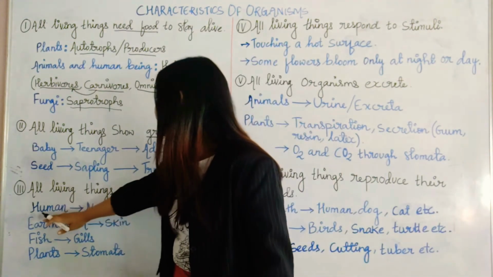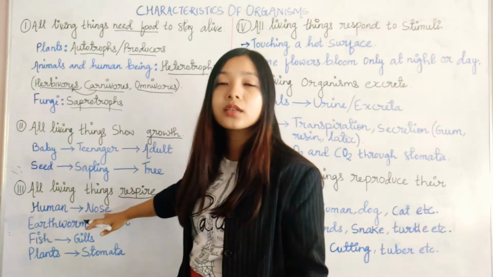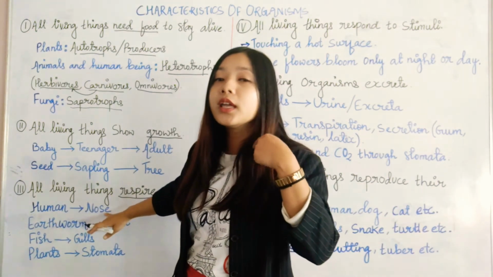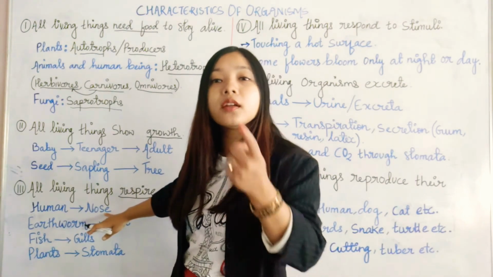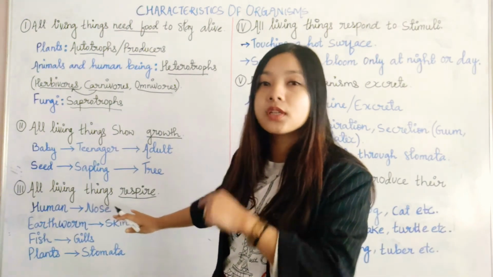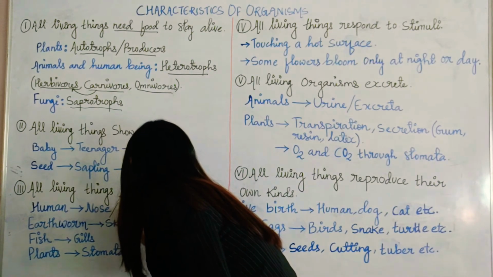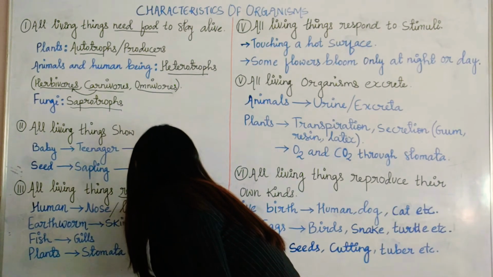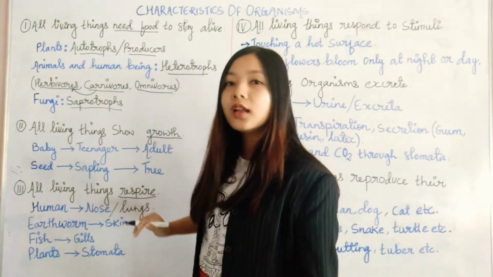Here you see humans take oxygen through their nose. But where does this oxygen go? It is ultimately going to our lungs, where it goes into our blood vessels to be utilized. So we can write lungs also here. For humans, nose and lungs.